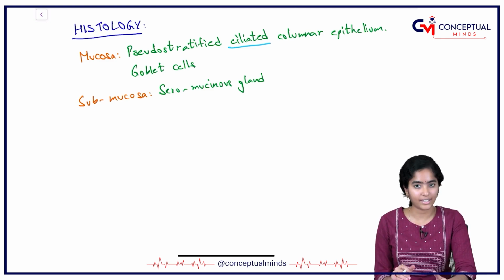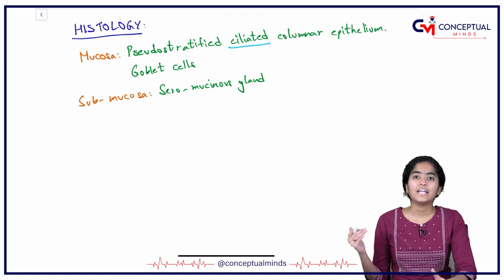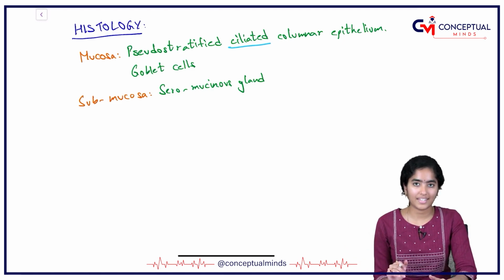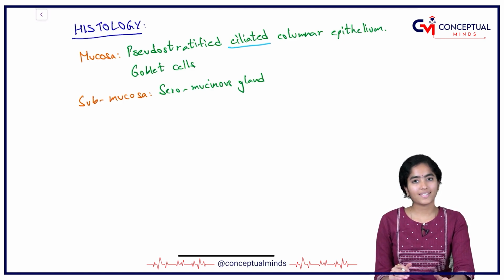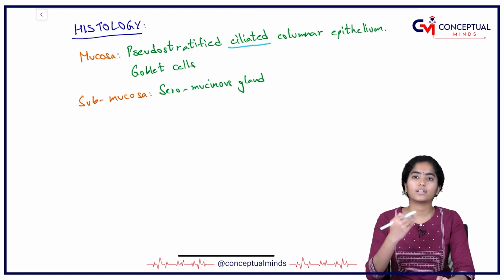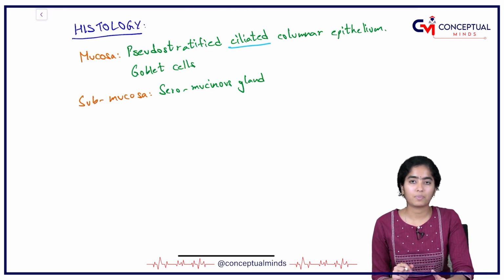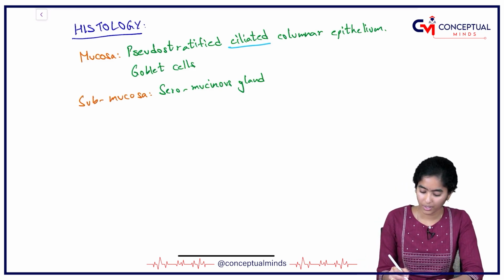They drain the secretions and fluid that is present in the middle ear into the nasopharynx. The direction of beating of cilia is such that they propel the secretions from the middle ear into the nasopharynx. This is how the Eustachian tube helps in clearing the middle ear infections, clearing the fluid in the middle ear.